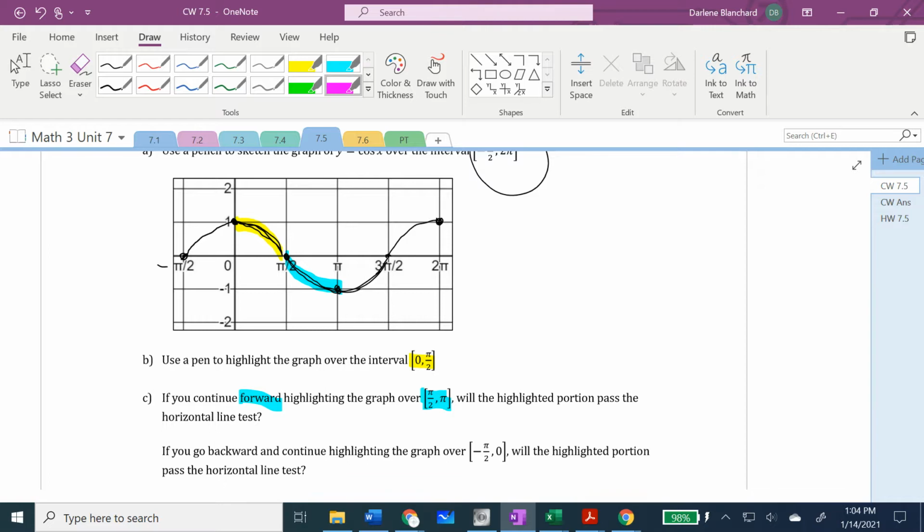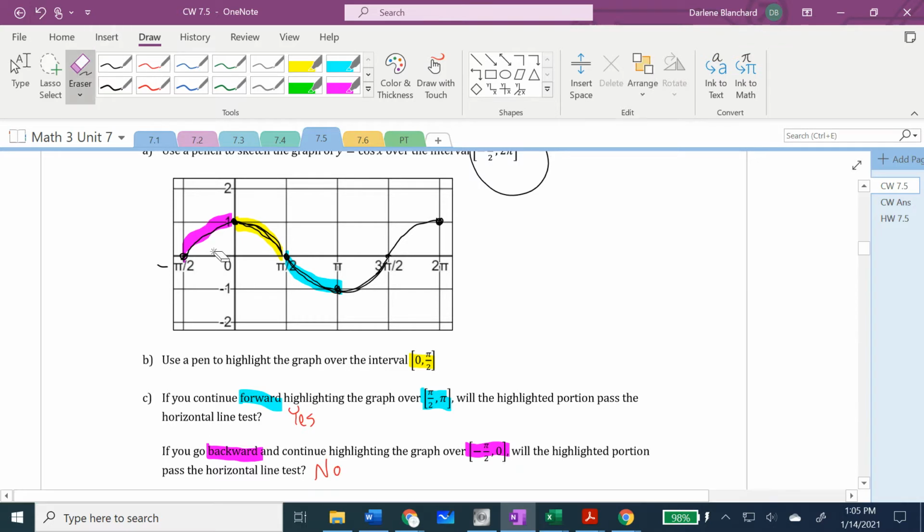Or if I go backward from -π/2 to 0, will that graph with the yellow highlight pass the horizontal line test? And the answers are yes for forward, no for backward.